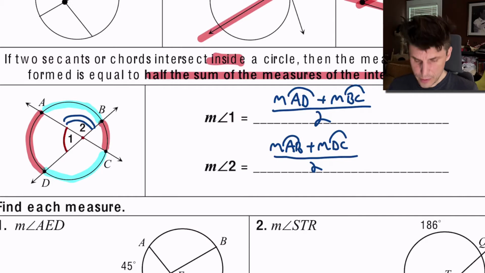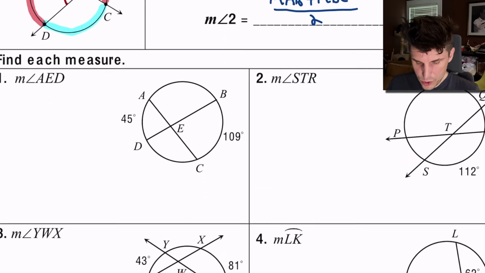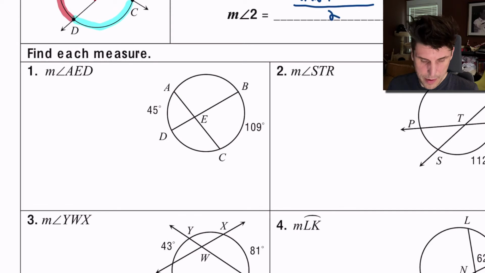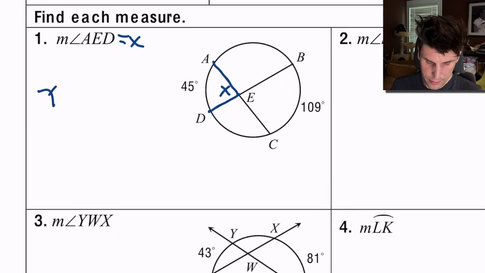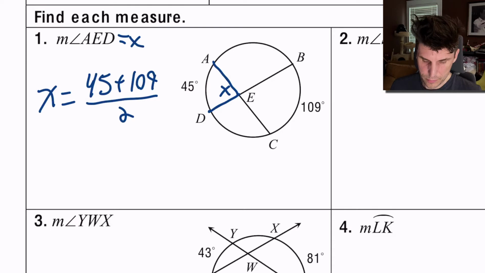All right, so let's do an example. Here they want us to find the measure of angle AED. That's this angle right here. I'm going to call that angle X, makes it a little bit easier. So angle X equals 45 plus 109, all divided by 2.